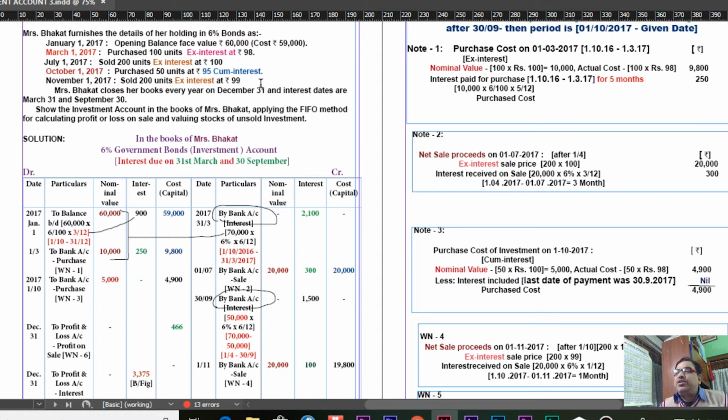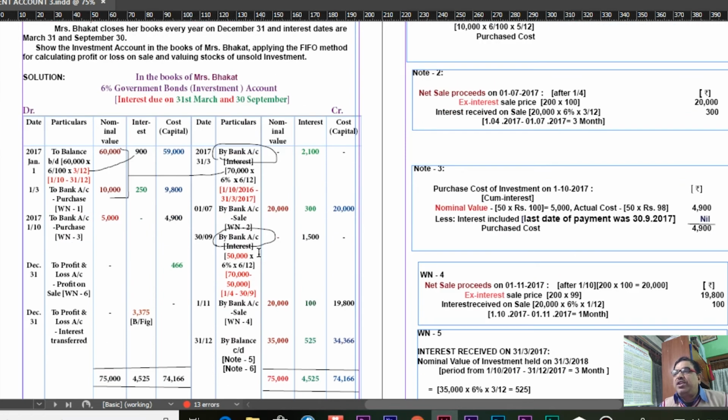Ex interest sales. For the sales transaction, bank debit to investment: 20,000, and see note number 4. Note number 4 is given here. Therefore, it is after 1/10.